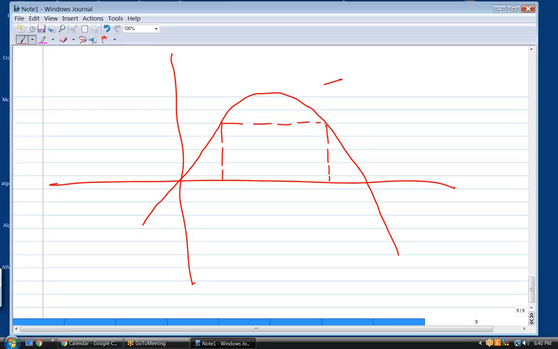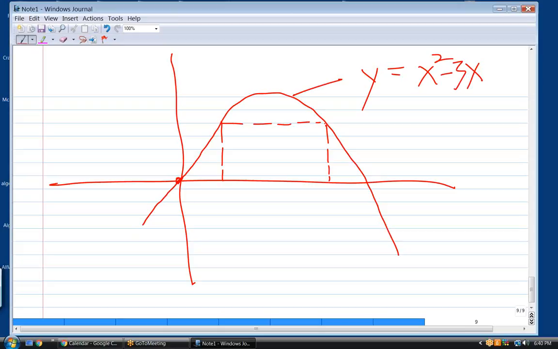Let's just make it up, x squared plus x. That at least will go through that point there, but it would never go through this point, so let's make it x squared minus 3x. We'll call the parabola that.